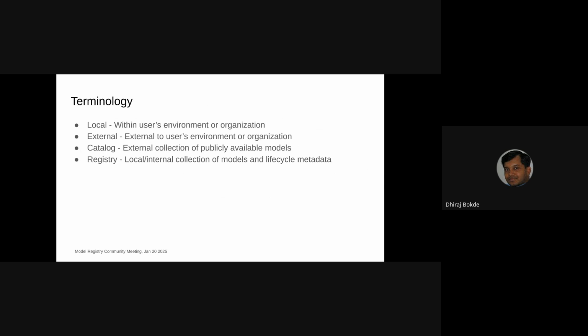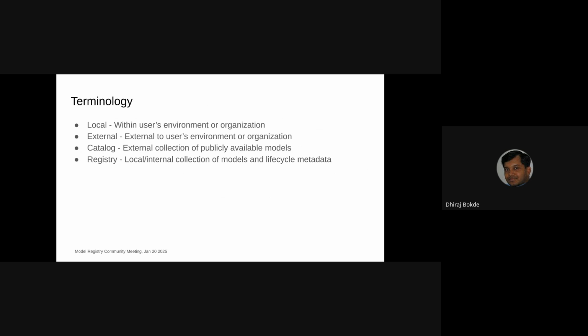So based on that, we have different kinds of repositories or sources of models. What we are calling a catalog is this external collection of models that are available over the web that you download, open source models typically.